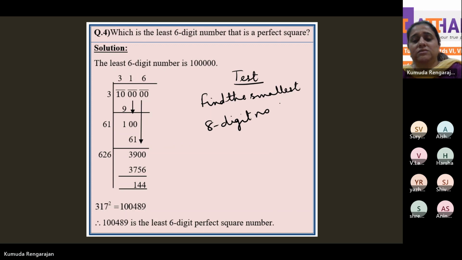Anantika: So if you get 317 square, then you should also find the decimal places, right? Decimal places. 317 square is 317 into 317. No, I don't understand. Decimal places where?